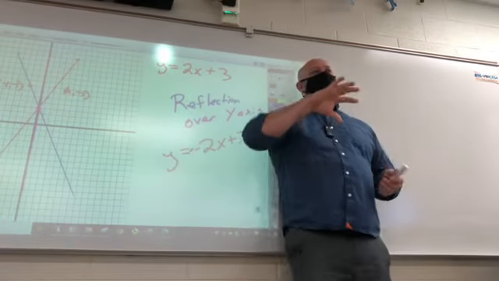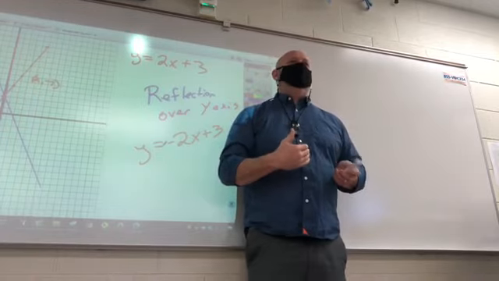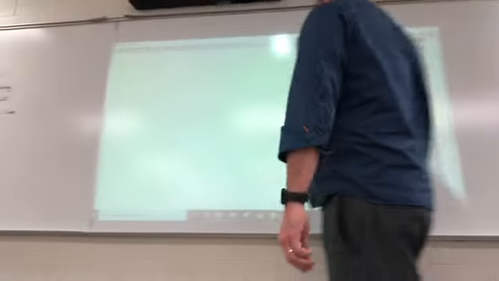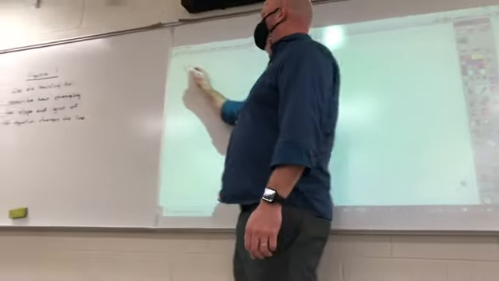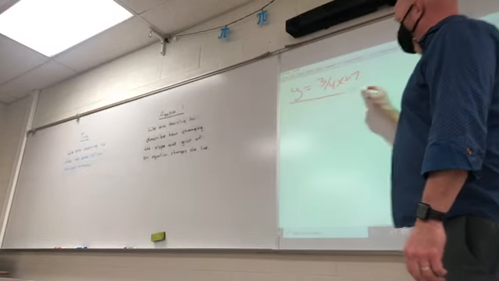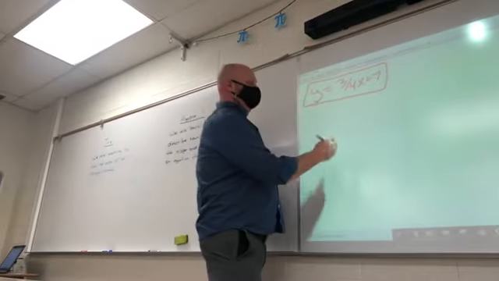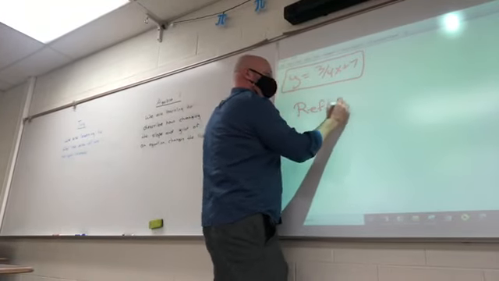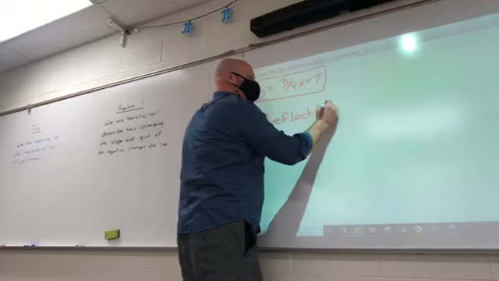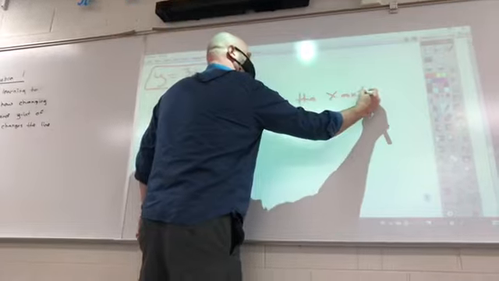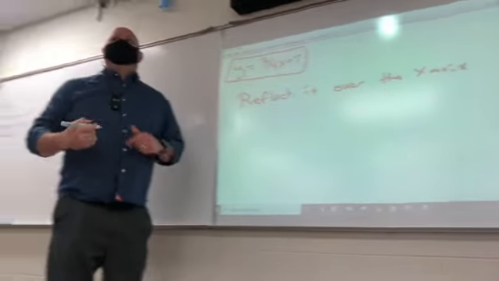So what we're doing today is we're going to move some lines around. And what I want to come up with is, if I say here's my line, y equals 3/4 x plus 7, the problem that I want to be able to do is, if I take this line and reflect it over the y-axis, what is the new equation going to be?